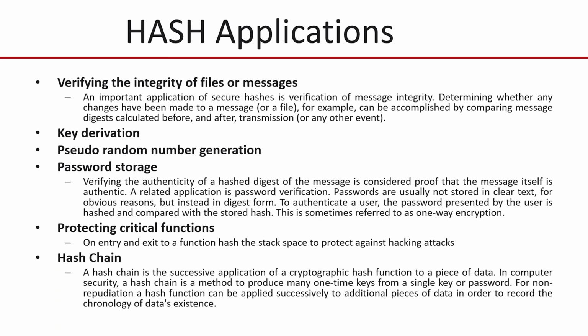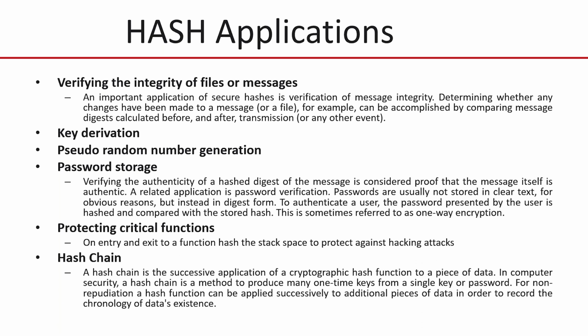Hashes are commonly used for password storage, so we can take the password and only store its hash, so that we can test against the hash when somebody gives us their password. In code, it's also possible to use it to protect critical functions.